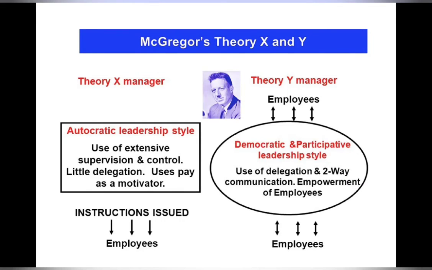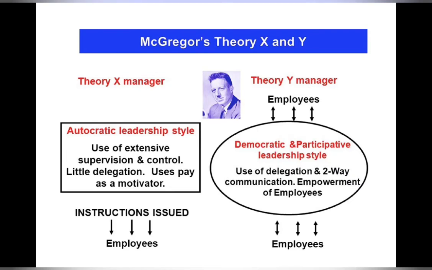He said that Theory X managers, in order to motivate their employees, need to have autocratic leadership. That is, they should use extensive supervision and control. There should be little delegation of work. Motivation can be given by pay and salary. So as per McGregor, that is how Theory X managers should deal with their employees.